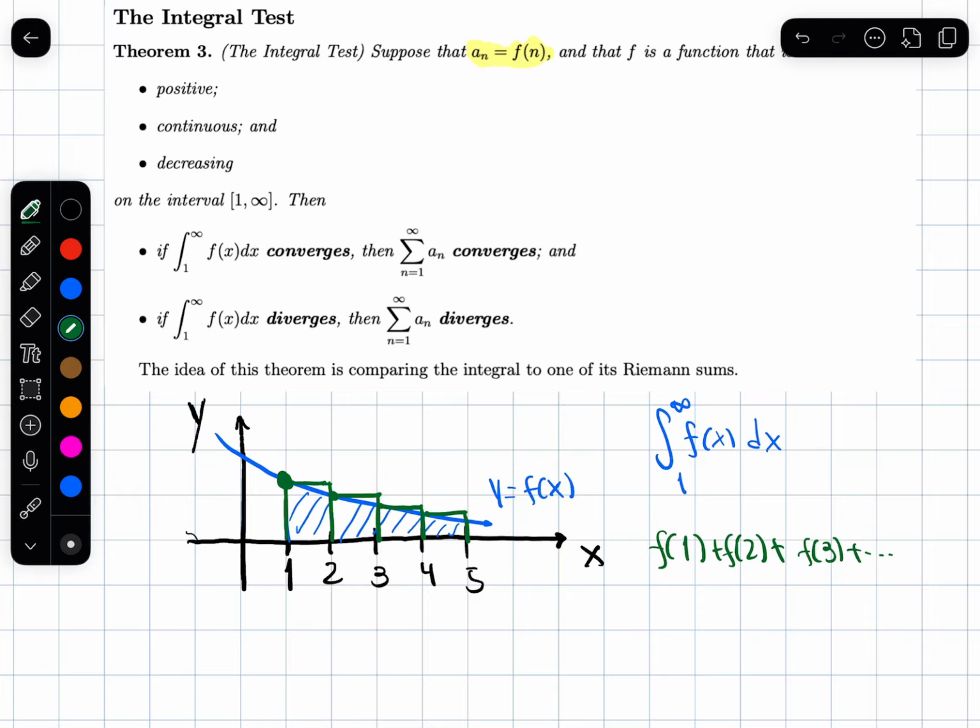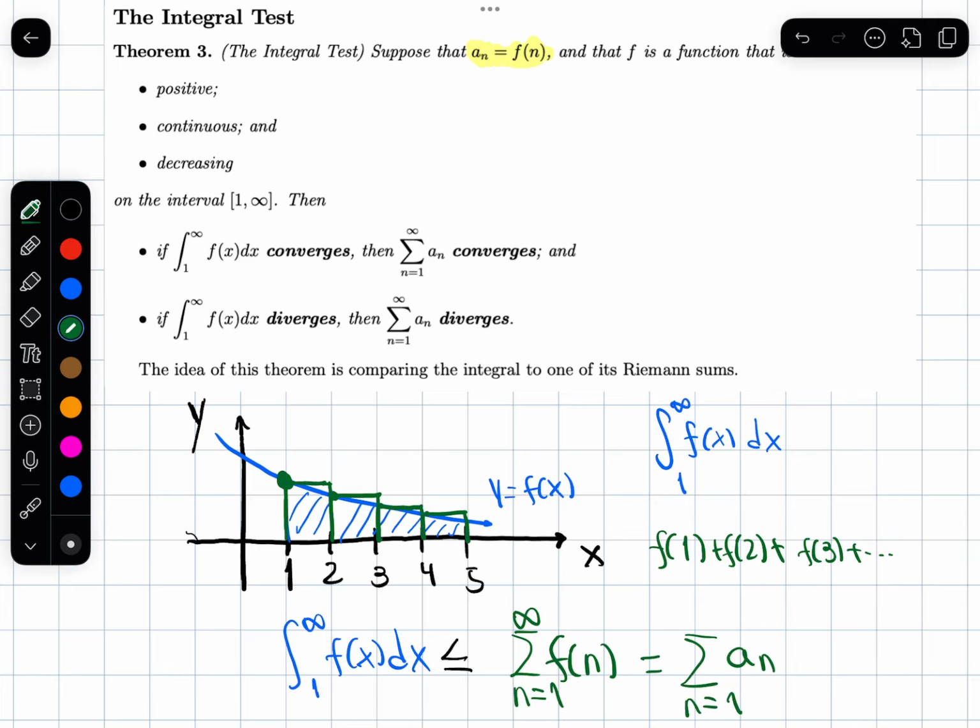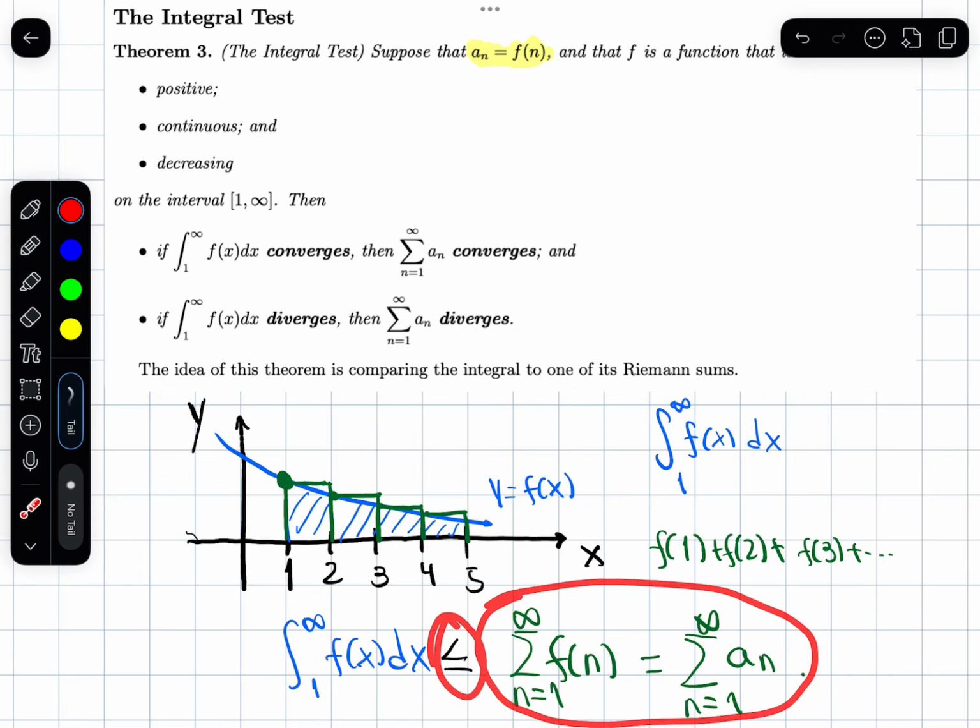And from this sketch, you can see that this integral right here is less than the sum of f of n, n equals 1 to infinity, which is what I'm calling a n, right? So if this integral happens to be infinity, so that's this bullet point, then this right hand side is even bigger, so it's also infinity. So that is one of the bullet points.